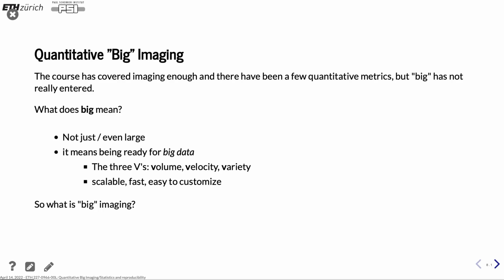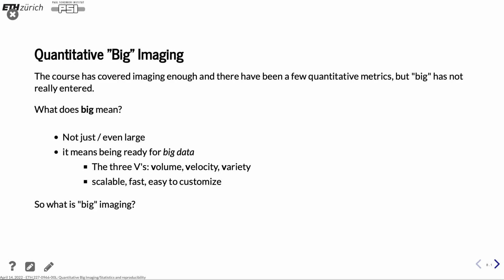And your methods need to be provided in a way that they can handle this. So they need to be scalable. They need to be fast, because if you have, I don't know how many terabytes or petabytes of data, then you really need algorithms and hardware to handle it in a decent way.